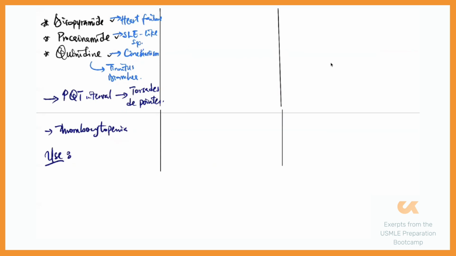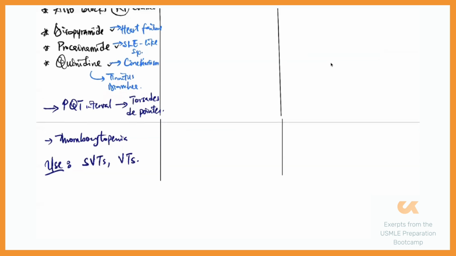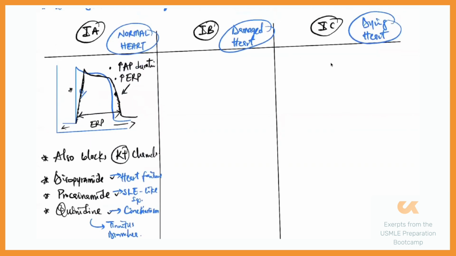We use them for supraventricular tachycardias, SVTs. We also use them for regular ventricular tachycardias. I think we also use procainamide to treat congenital defects, such as you see in Wolff-Parkinson-White syndrome. You want to remember those.